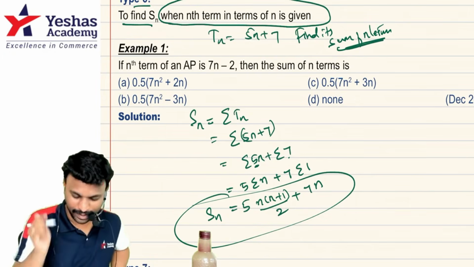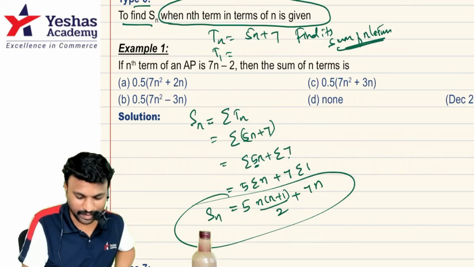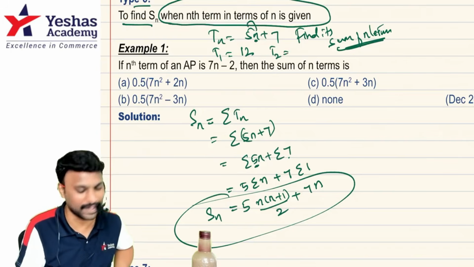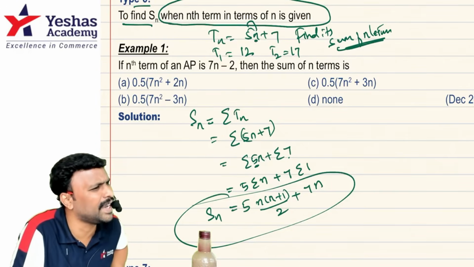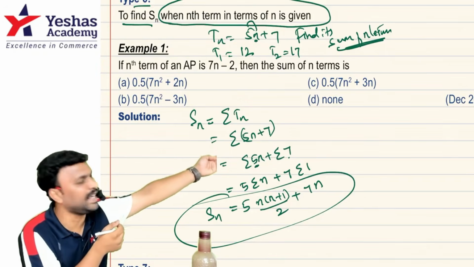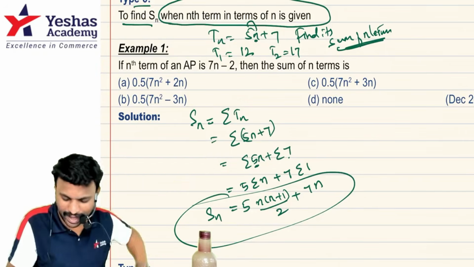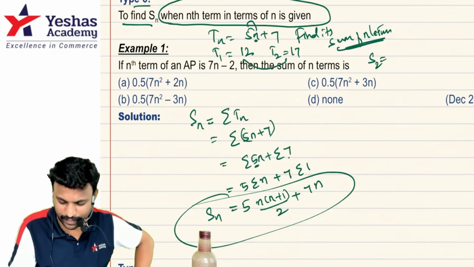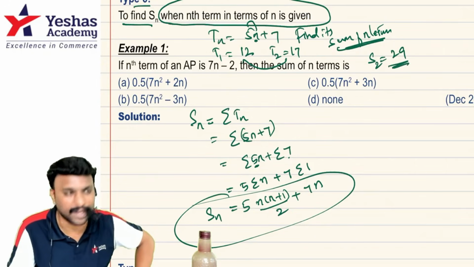You getting it? Can you tell me what is the first term? Put n equal to 1. 5 plus 7, 12. What is the second term? 5 2s are 10. 10 plus 7 is 17. Why am I finding T1 and T2? I am given Tn. With T1 and T2, I can find S2. What is S2? 12 plus 17, 29.